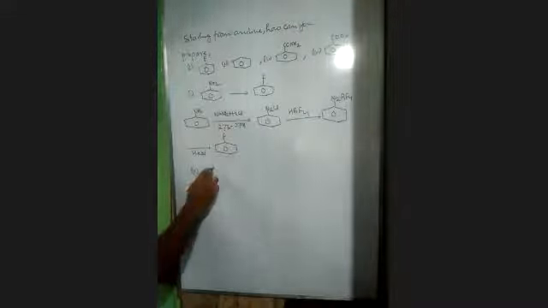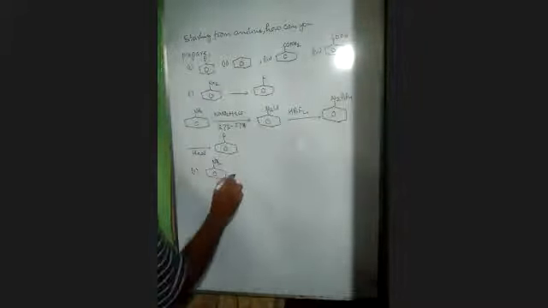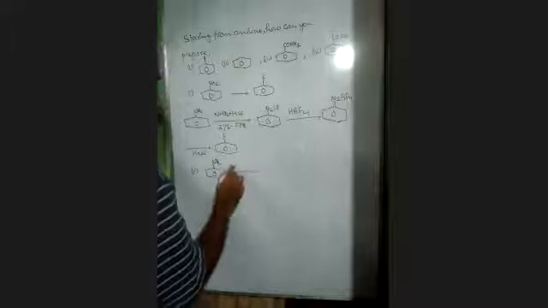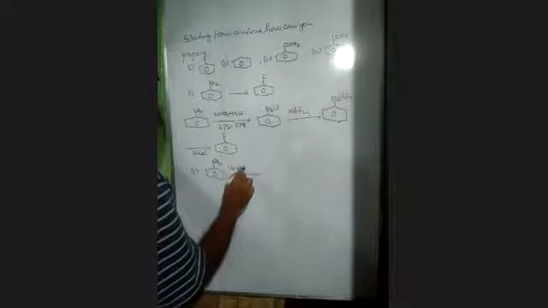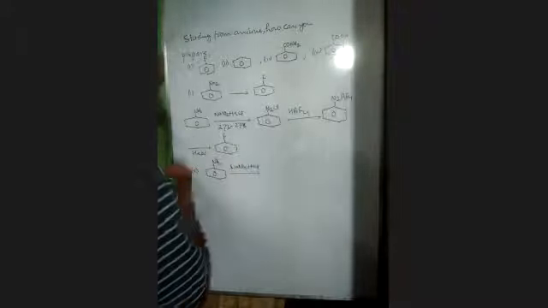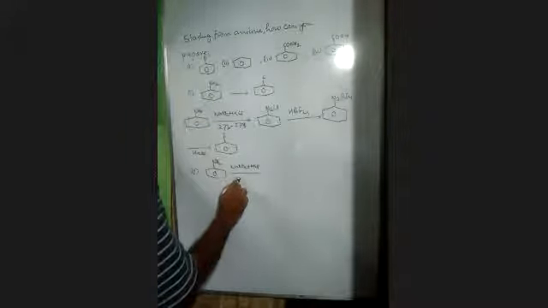Now second, we have to go for deamination of benzene. So we know how to do it. Sodium nitrite, HCl, 273 to 278 Kelvin.